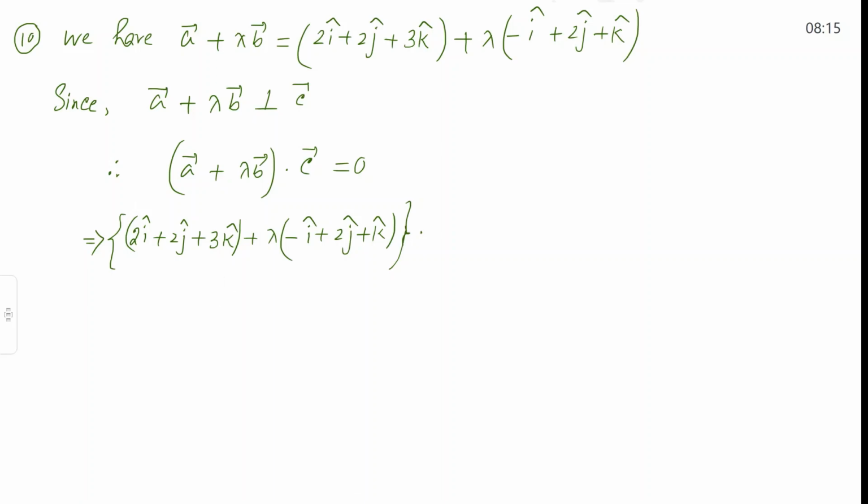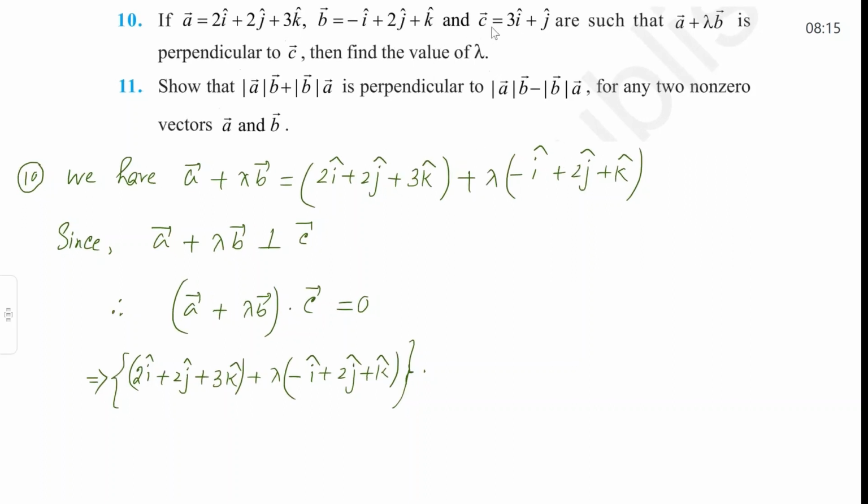C bar is given in the question. C bar is 3i plus j, so I am writing here 3i cap plus j cap is equal to 0. Now complete this dot product. This dot this will give us 2 into 3, which is 6, then 2 into 1 is 2, and 3 into the component of k is absent here, so 0.